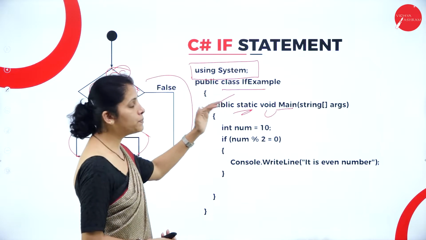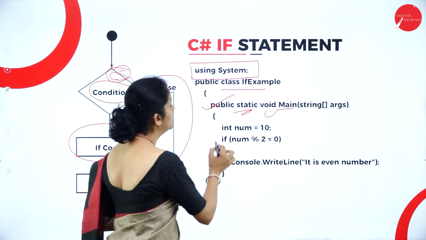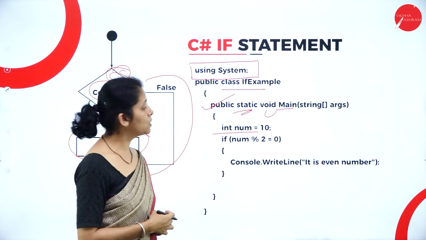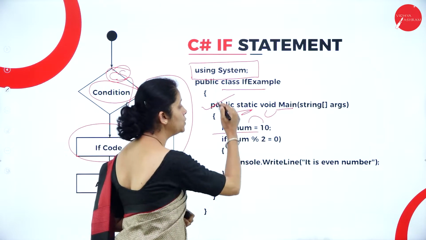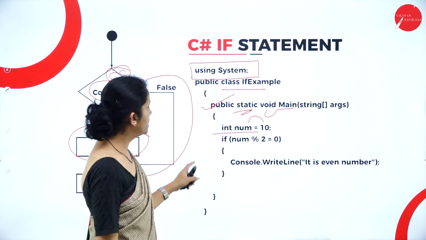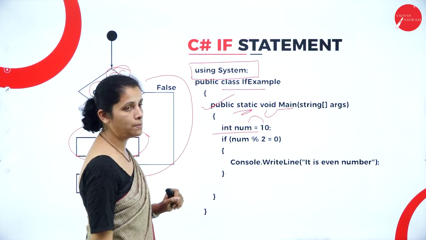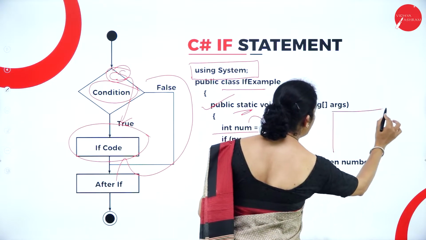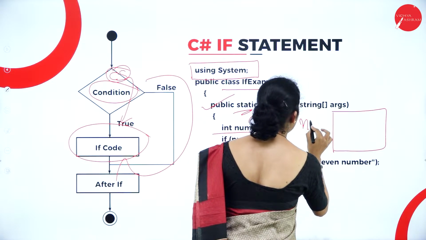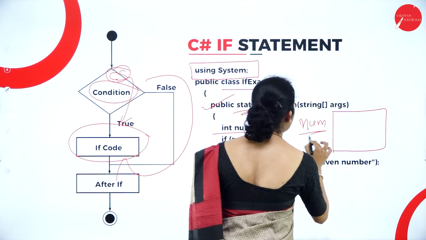Inside the main program, I'm going to define a variable called number, and I'm going to assign the value 10. And when I write this statement, the memory is allocated for this number. So what is a variable?